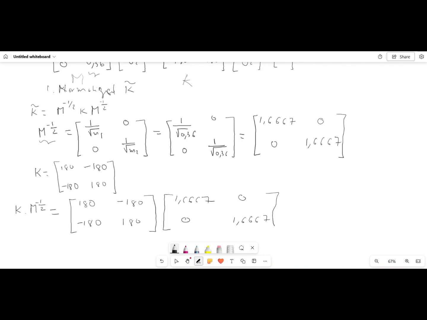We do the multiplication of these two matrices, then the answer we get, we multiply again by M to the minus half. After that, we have normalized.